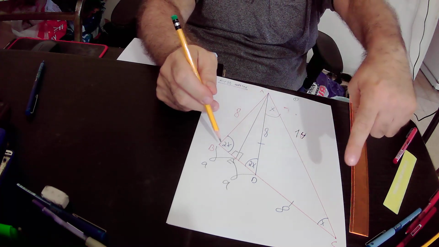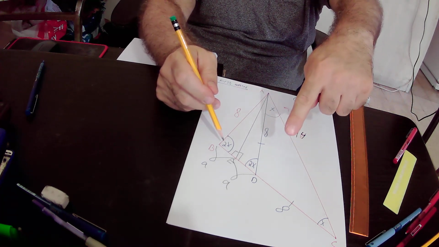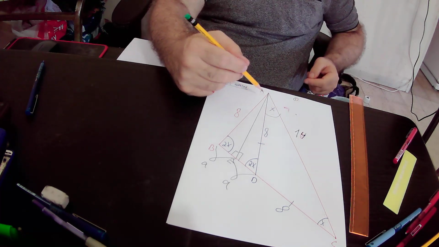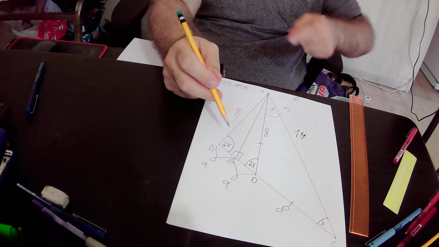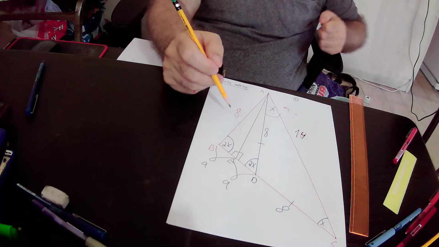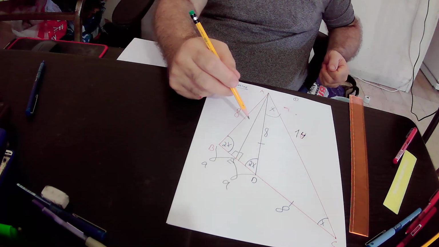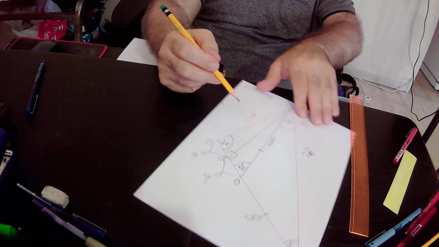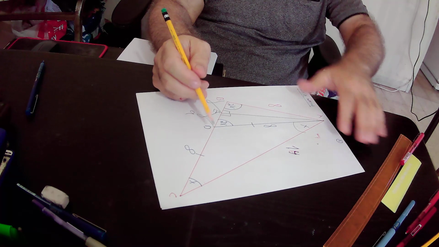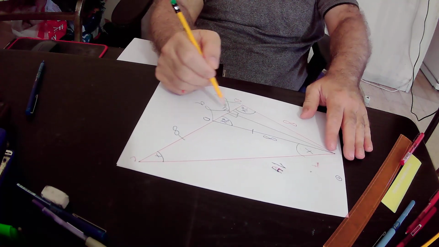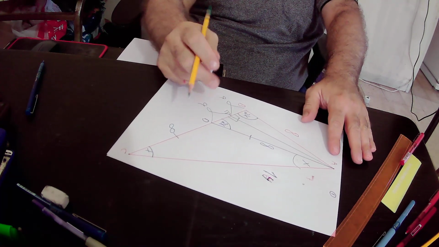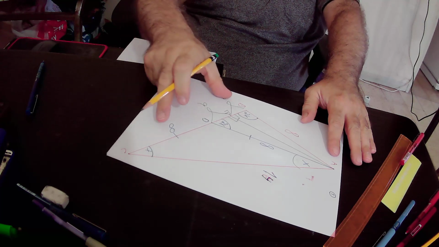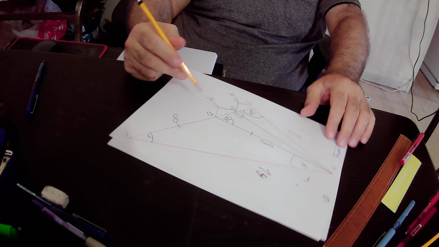BD and BC are on the same straight line, therefore the perpendicular to BD is also perpendicular to BC. So we will define AE as the height of triangle ABD, and it is also the height of triangle ABC, because BD and DC are on the same straight line, that is BC.